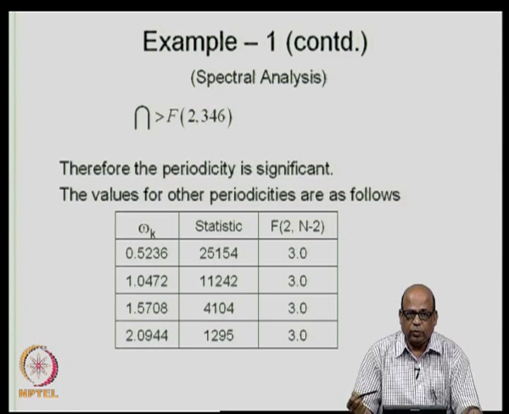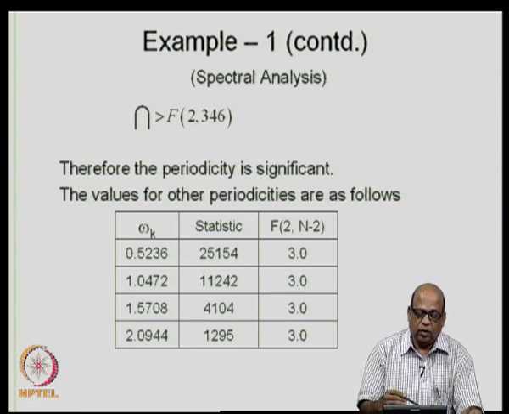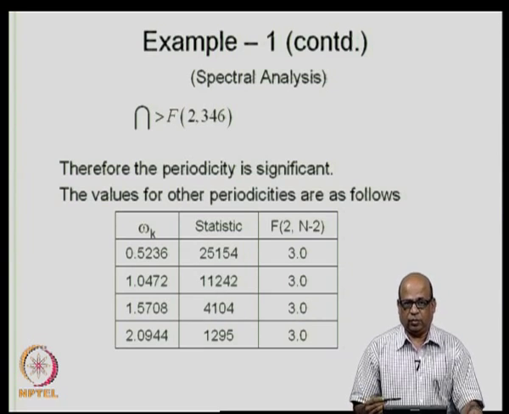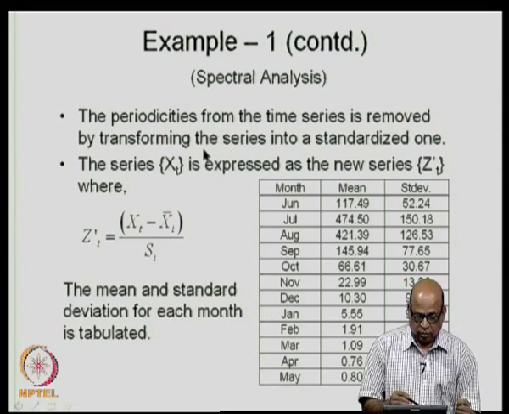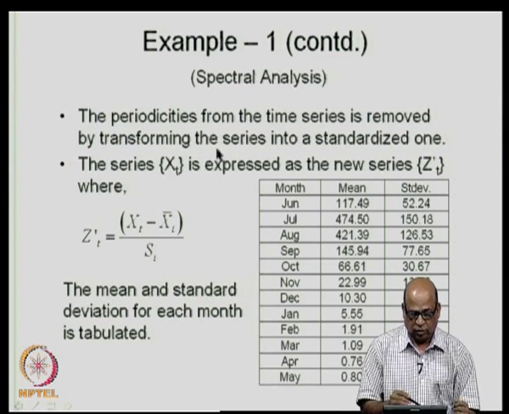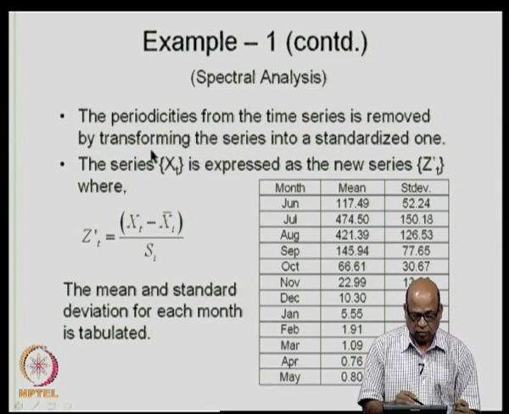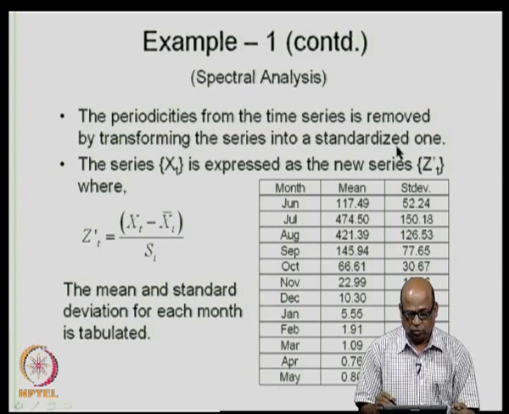Let us see what happens to the original time series, the time series plot, correlogram and the spectral density when we remove the periodicity by standardizing. So, let us look at the standardized time series. What we are now doing is transforming the original series into a standardized one.